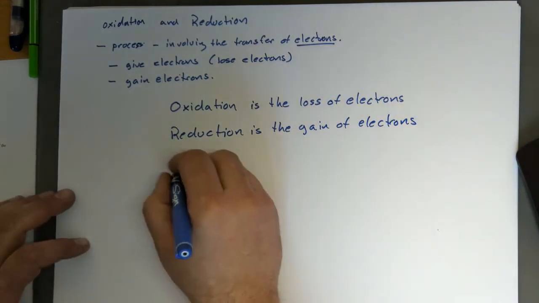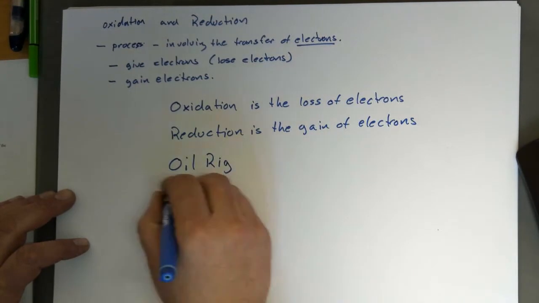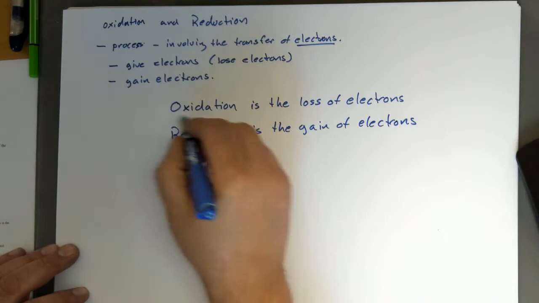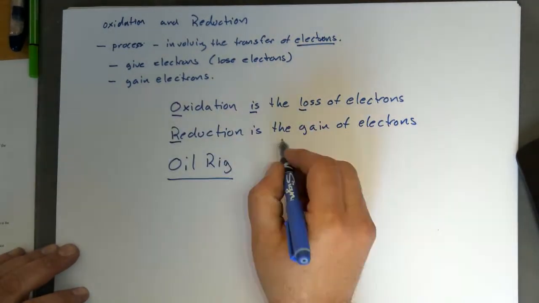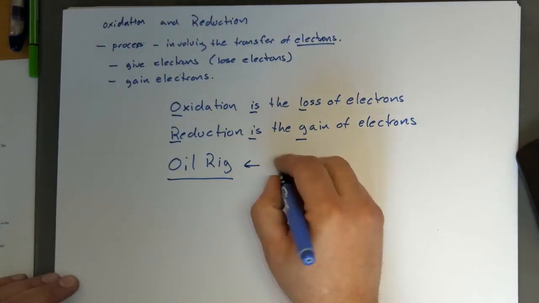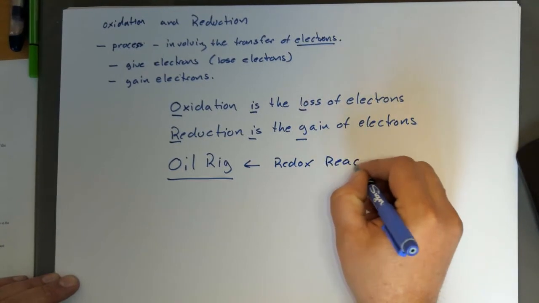And we have a nice mnemonic for this. It's called OIL RIG. And we can see then oxidation is loss and reduction is gain. Right? So this is for redox reactions.